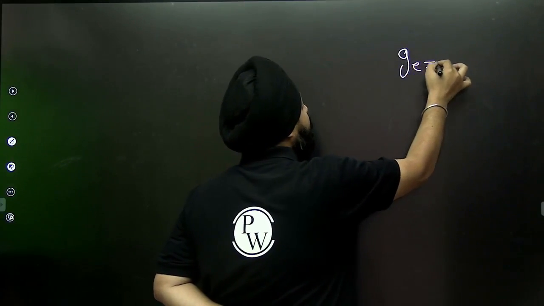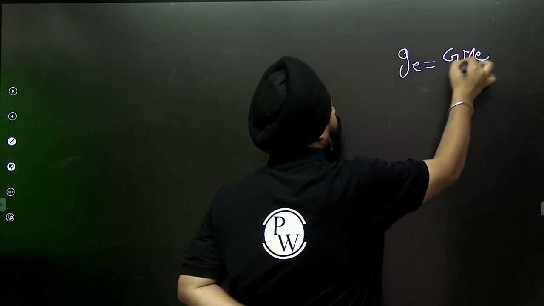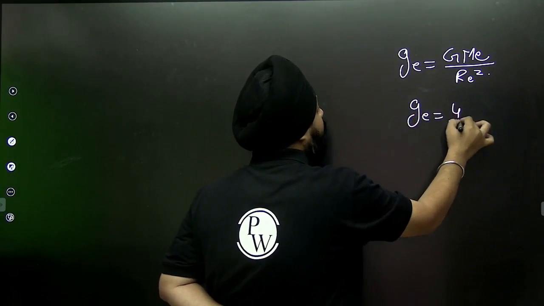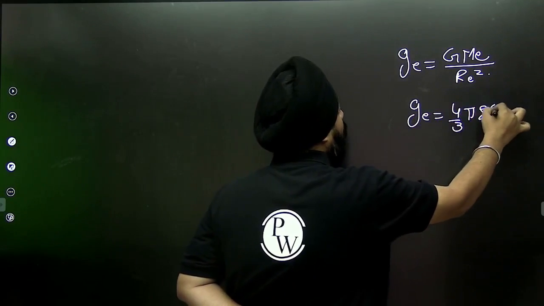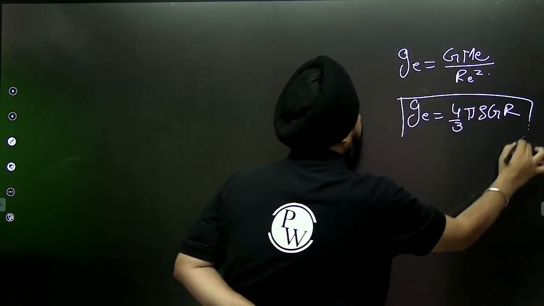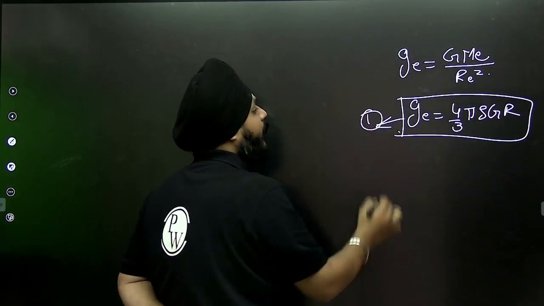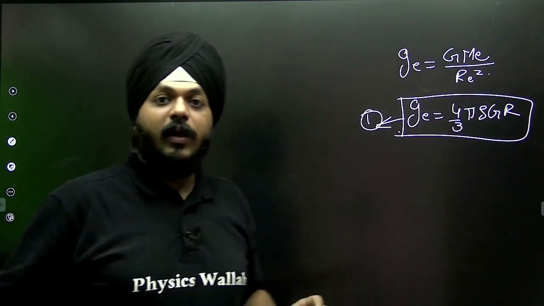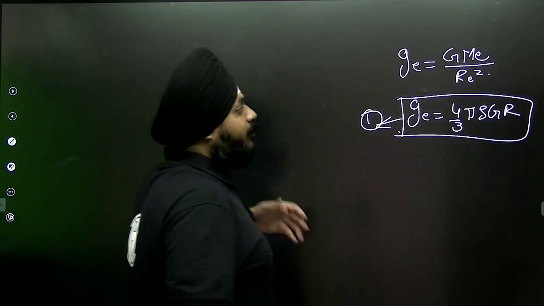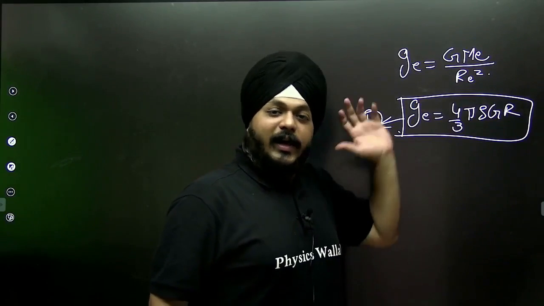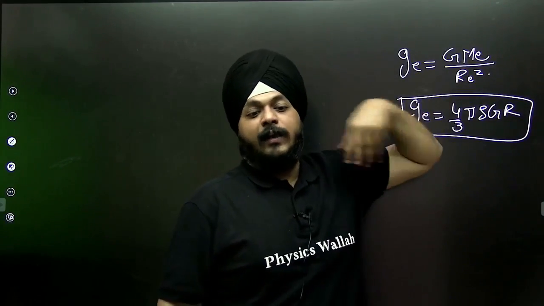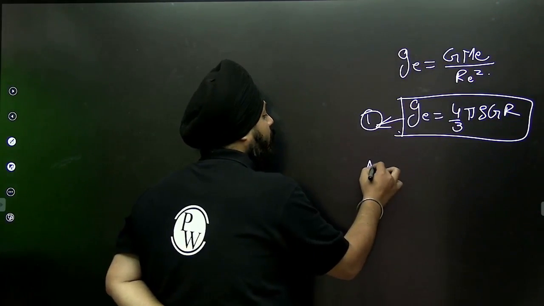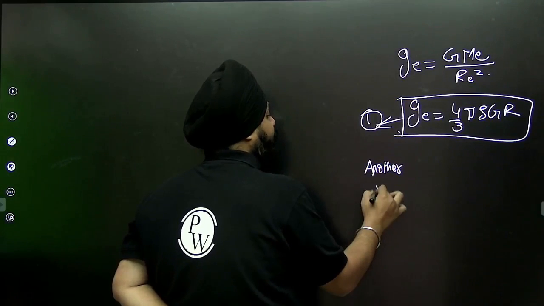The value of the gravitational acceleration of the earth is G M_e whole divided by r_e squared. Another formula we saw is 4/3 pi rho G r. This is the variation of g with respect to density. Let us take an example of another planet, some X planet.